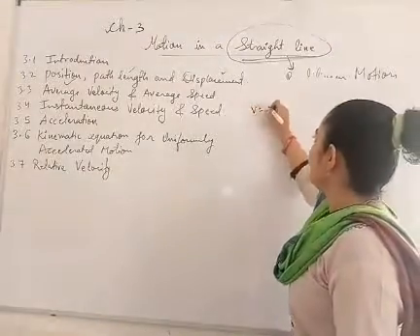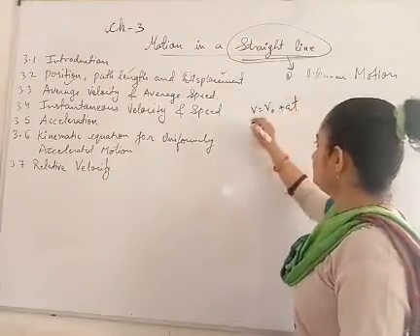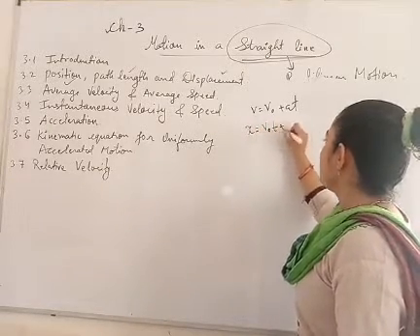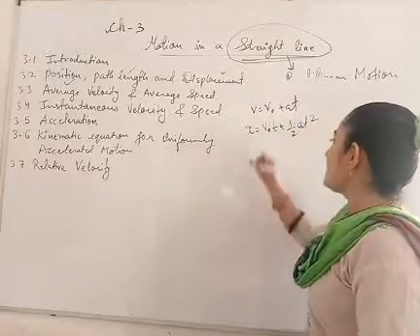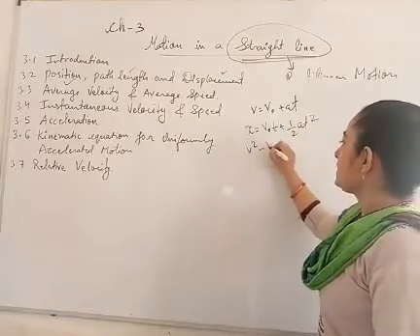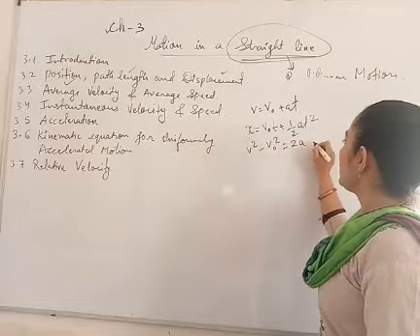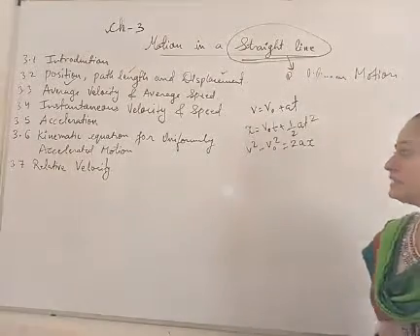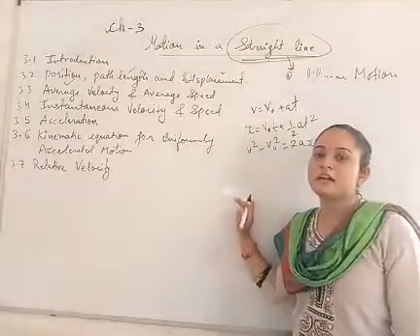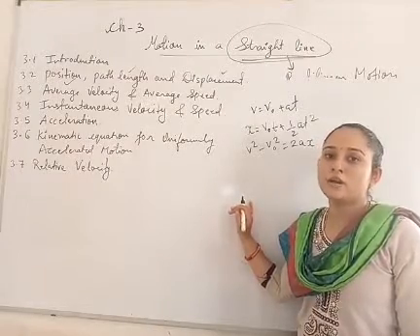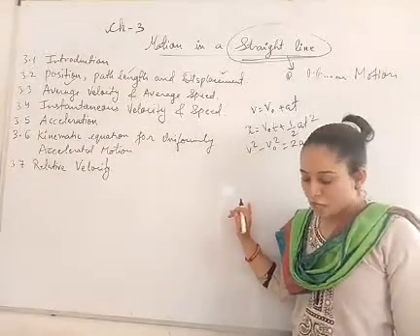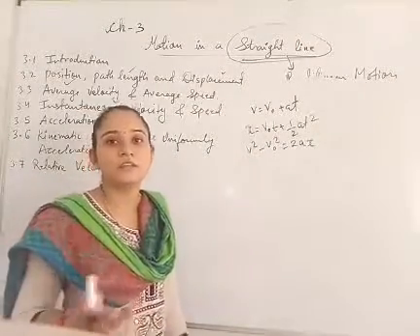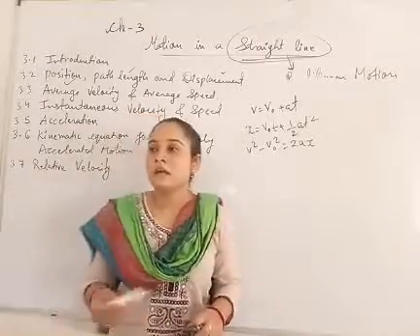That is v equal to v0 plus at, or x equal to v0 t plus half at square, or v square minus v0 square equal to 2a times displacement. In this chapter there are very nice numericals involving displacement, velocity and acceleration.